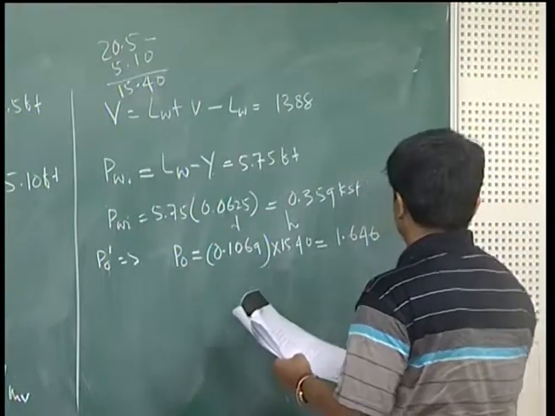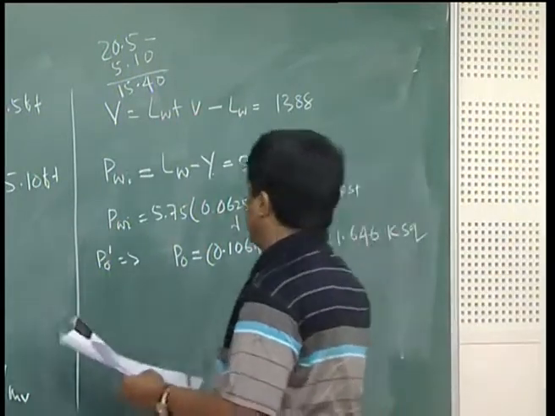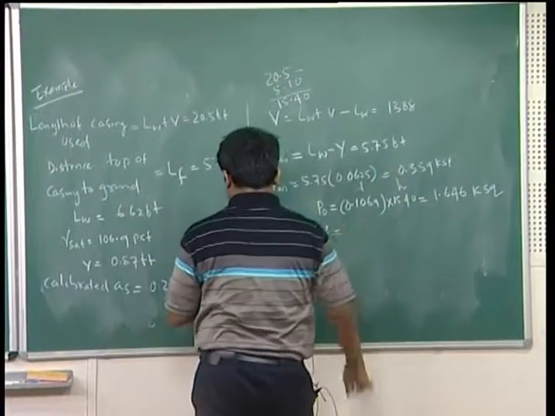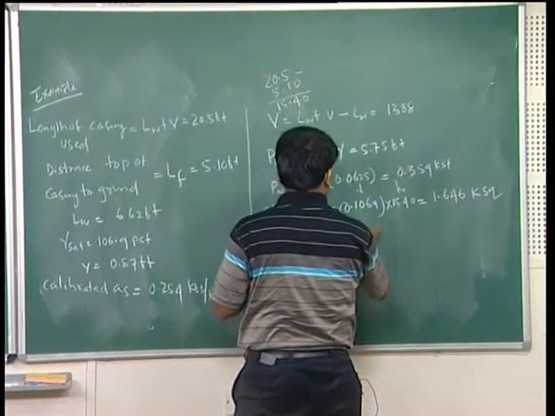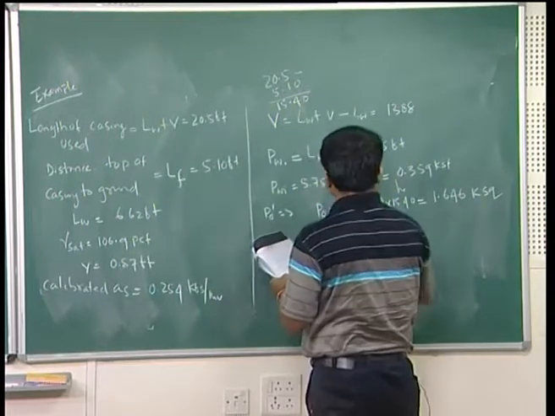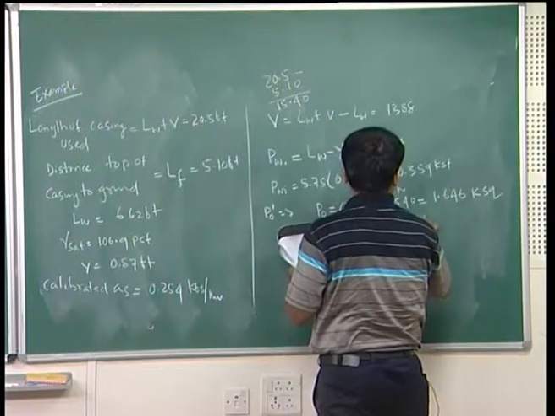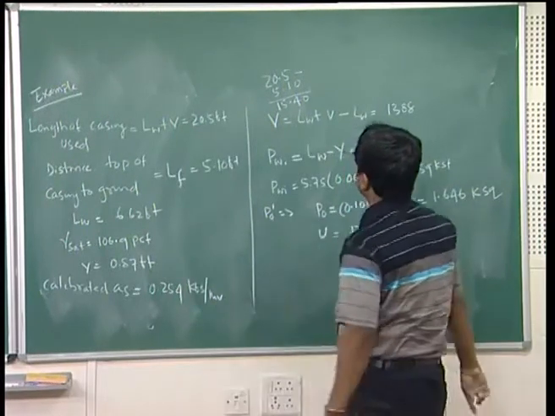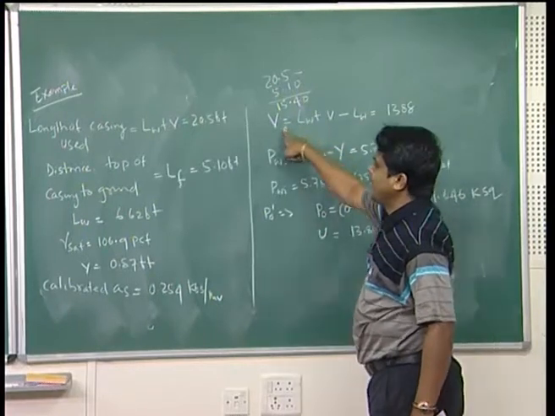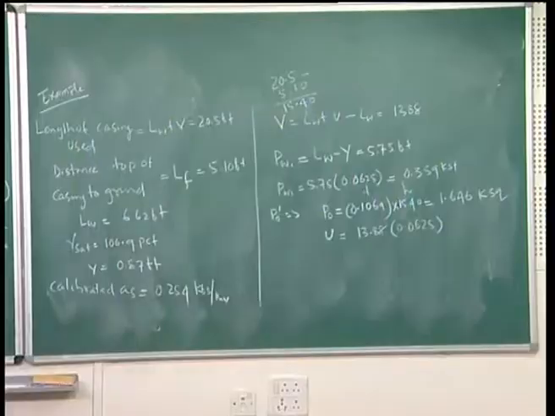1.646 kips per square feet. Now, pore water pressure generated or developed because of water pressure. So, this will be 13.88 into 0.0625. Probe height, total probe height, from here the water will be there.